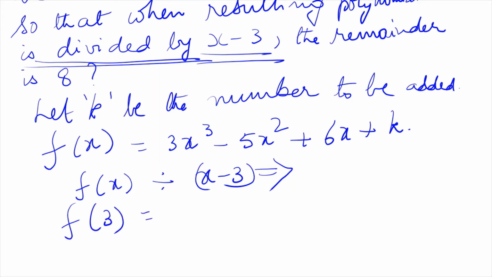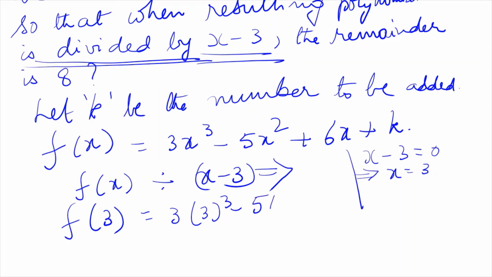Why f of 3? Because if x minus 3 is equal to 0, then x is 3. So f of 3 will be 3 into 3 cube minus 5 into 3 square plus 6 into 3 plus k.